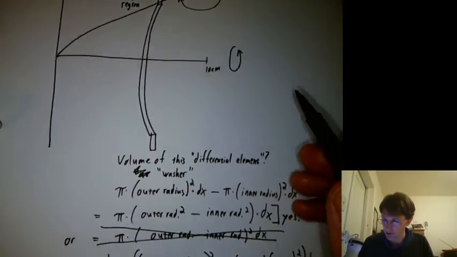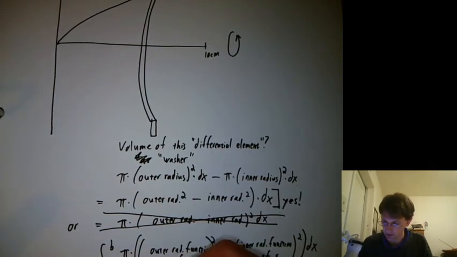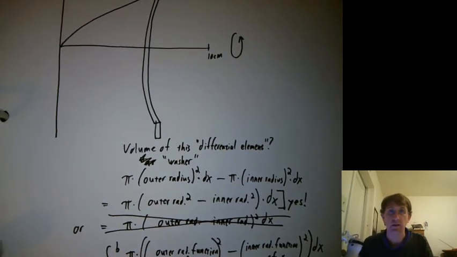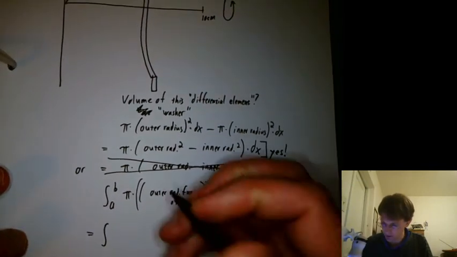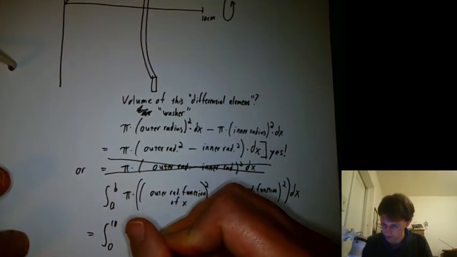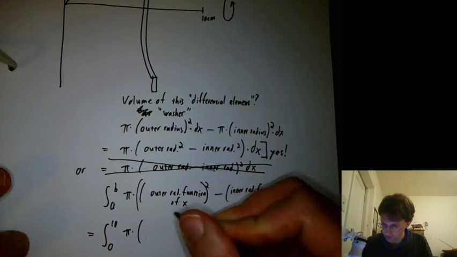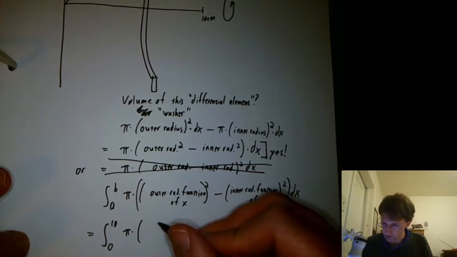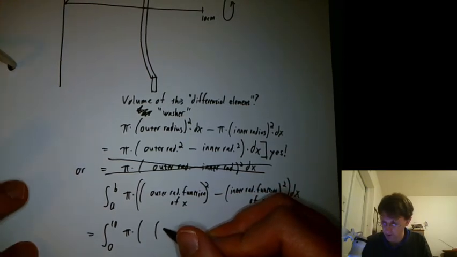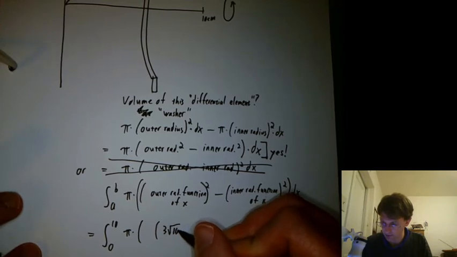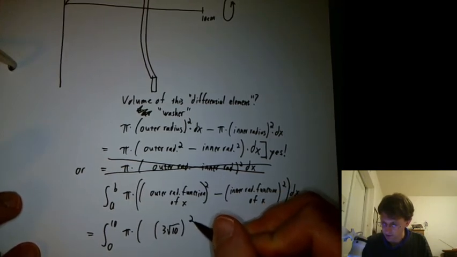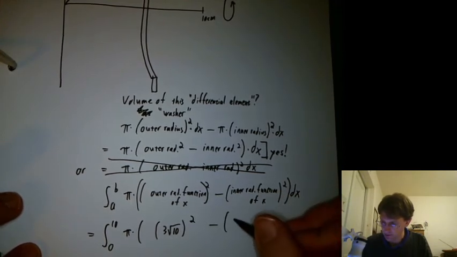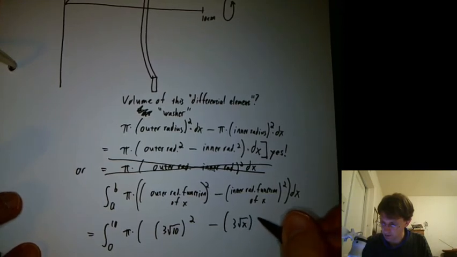So that outer radius function here, I'm integrating 0 to 10, right? Pi times the outer radius function of x doesn't even involve an x, it's just 3 root 10 squared. And then the inner radius function was 3 root x squared dx.